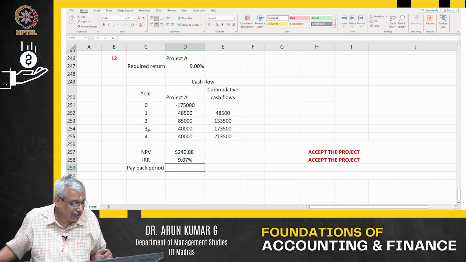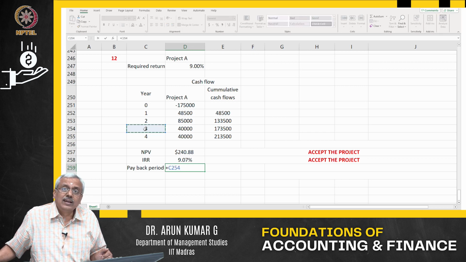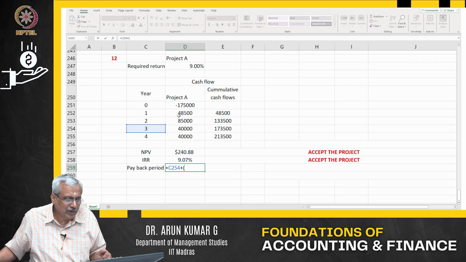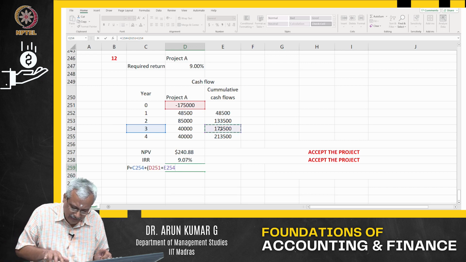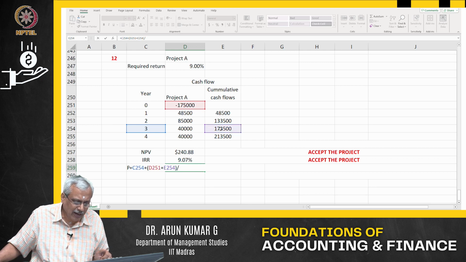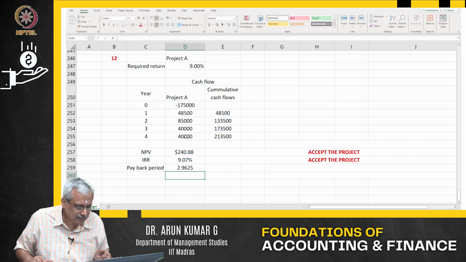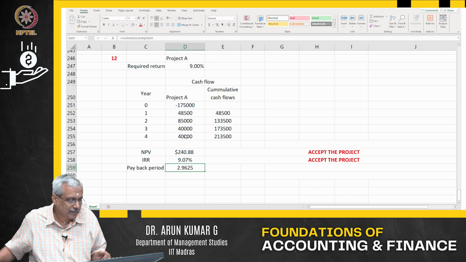So it's basically going to be third year plus what I am going to use out here. This is the cash outflow minus this, plus the extra cash flow, divided by what I'm going to get in the last year. Because of the negative, you can just write 1,75,000.